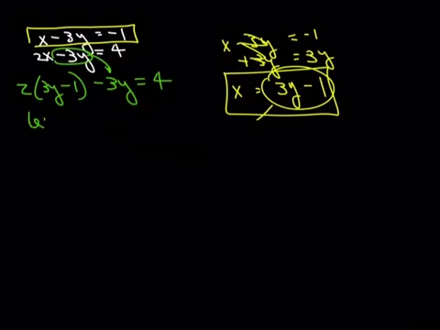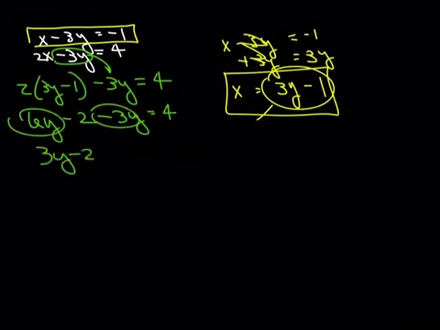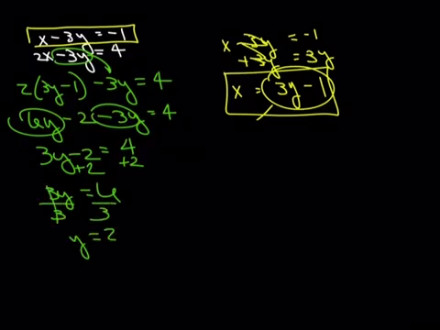So distributive, combine like terms, add 2 to both sides, and we get 3y equals 6. Divide by 3, y equals 2. Okay?